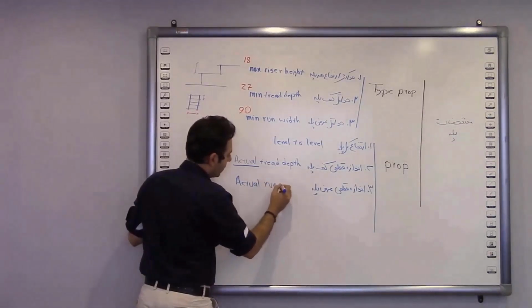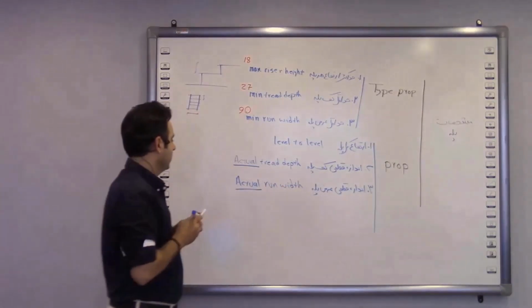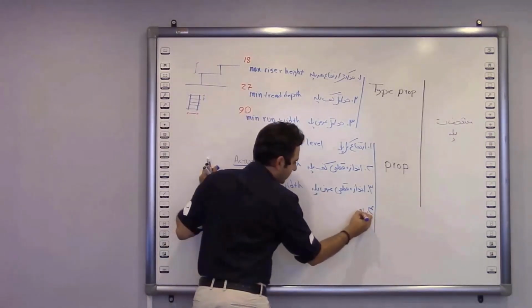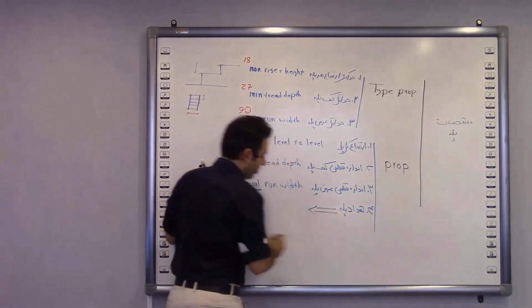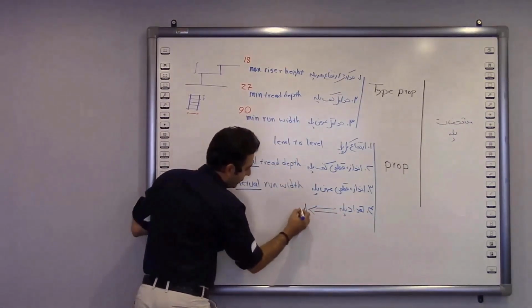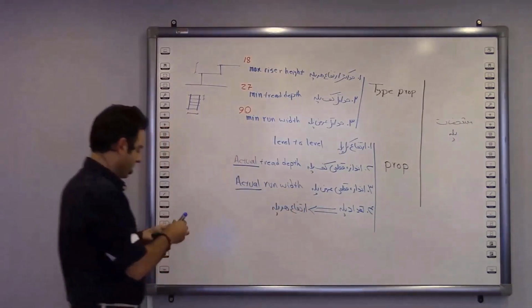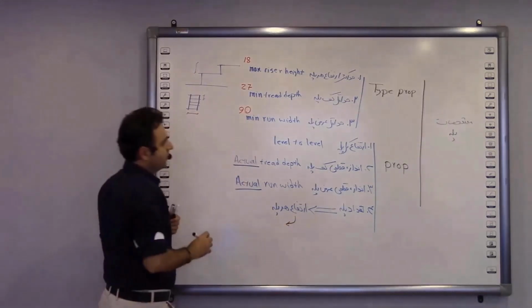It's real. Now, number 4. That's right, the number of the stairs. Or actually, the right way to say this is the desired number of stairs. Desired number of stairs, because it's the number that we want.